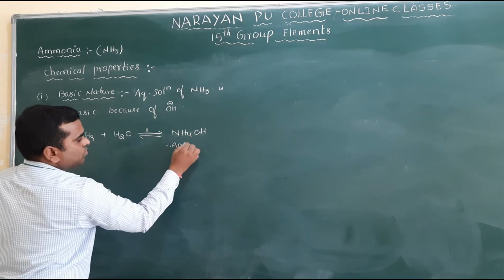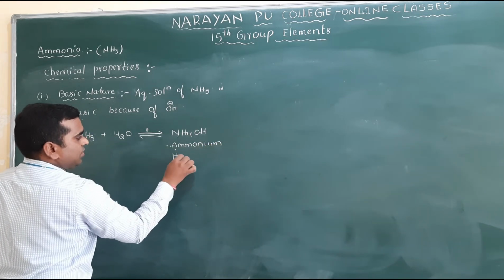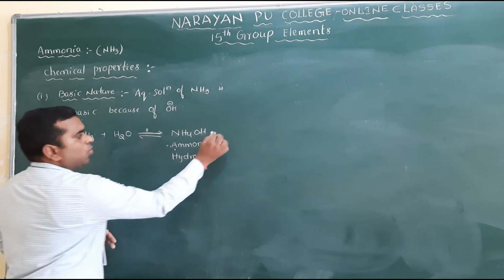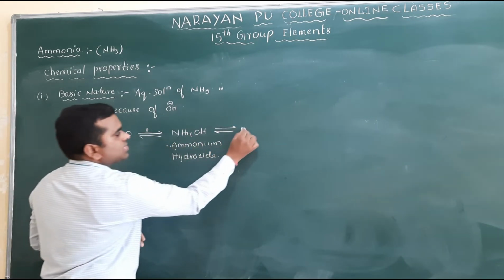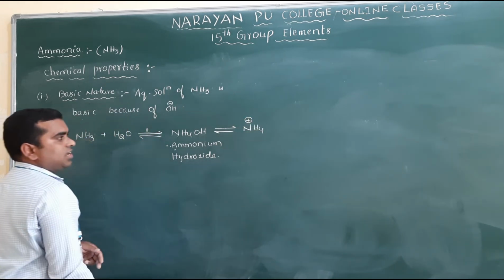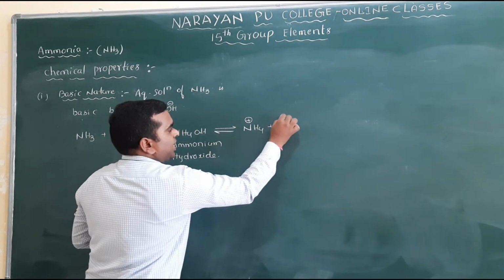What is the name of this one? Ammonium hydroxide. Now it easily undergoes dissociation, because it is a weak base, so it dissociates into NH4 plus and OH minus.